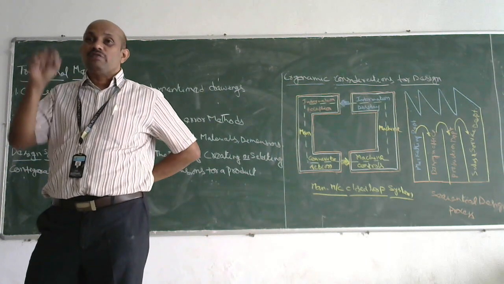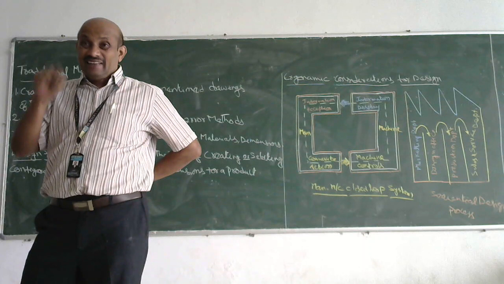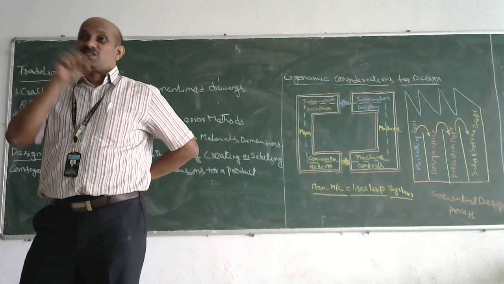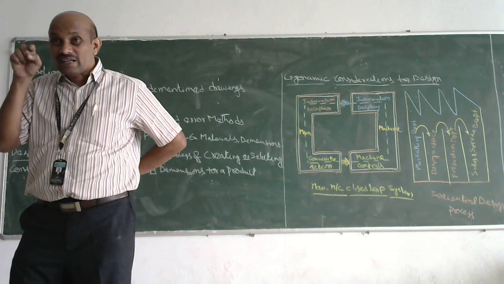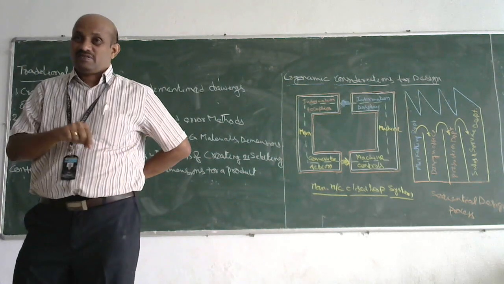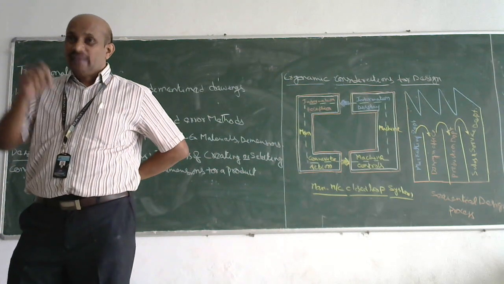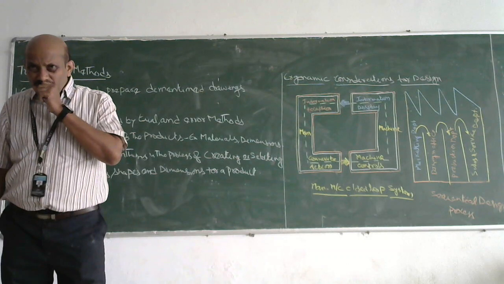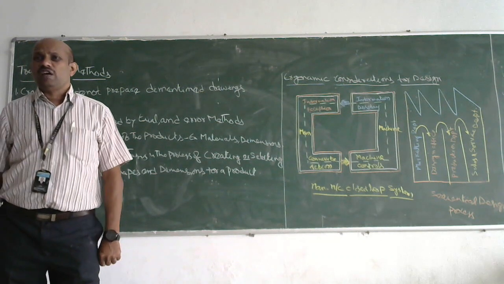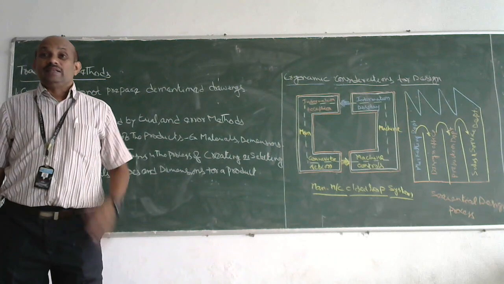All these things are done if you consider ergonomic considerations, which means we have to take into consideration human ergonomics, human comfort. That is why in ergonomics so many vibrations come, and our body has to withstand that vibration.